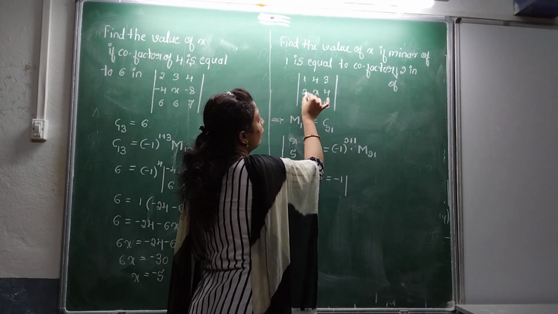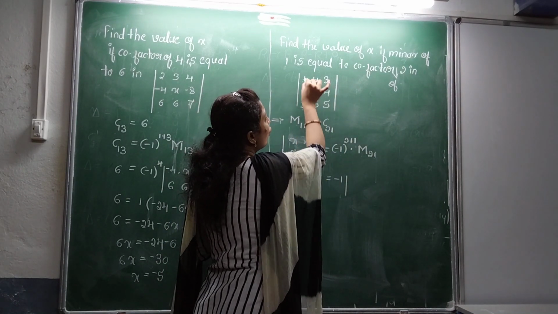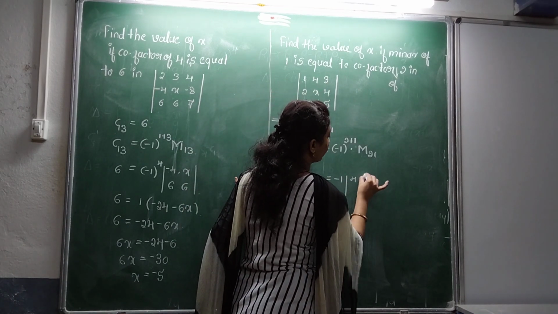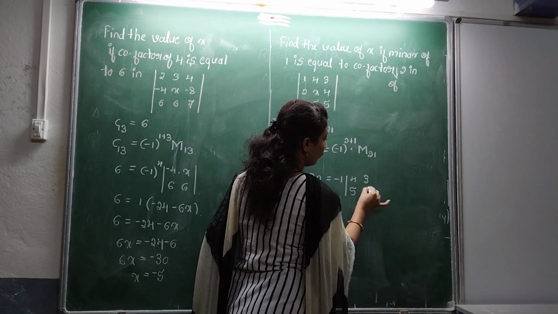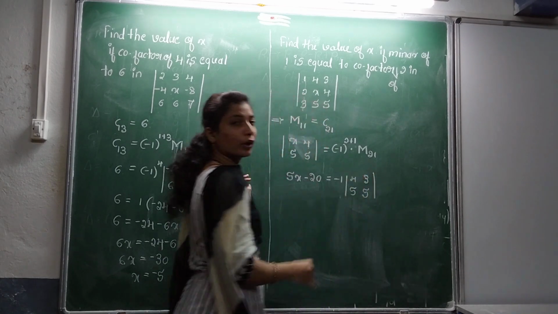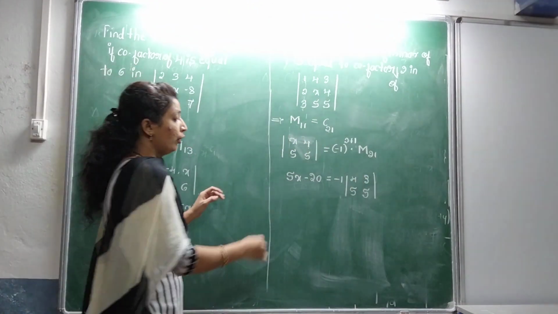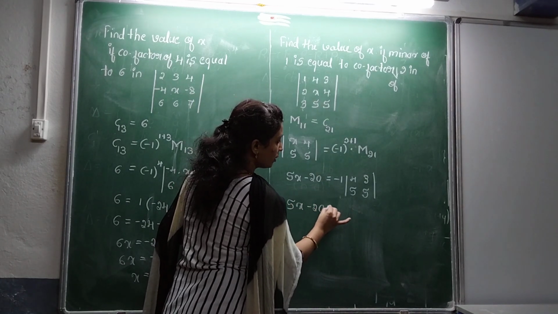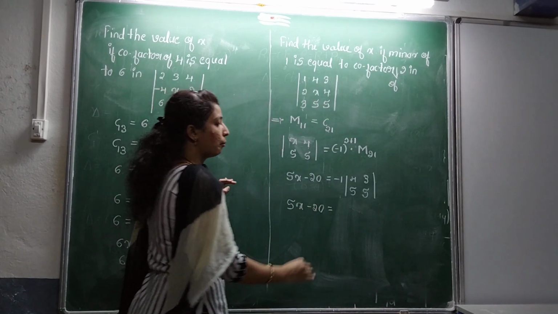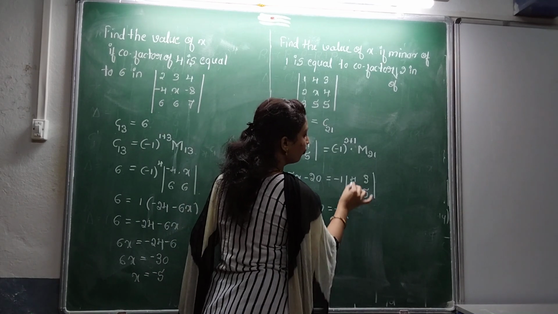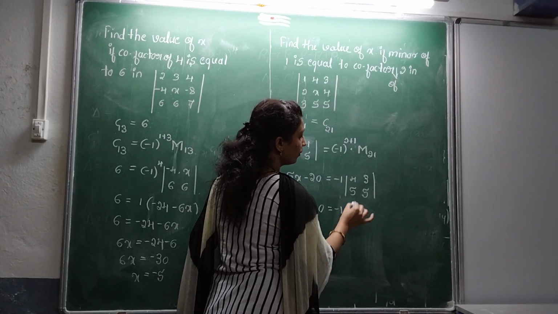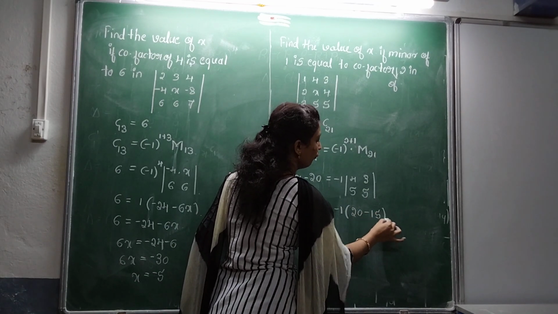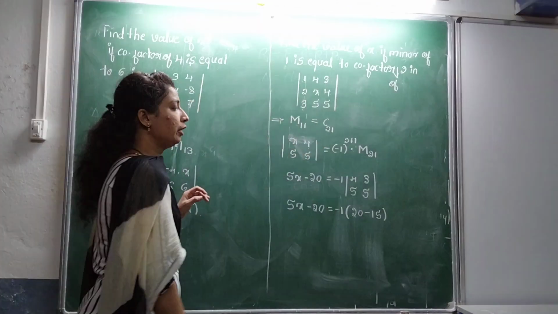The minor of 2, 1 means leaving the second row, first column, so the elements are 4, 3, 5, 5. Then 5x minus 20 is equal to minus 1 into the determinant: 4 fives are 20, 5 threes are 15, minus 15. So 20 minus 15 is 5.